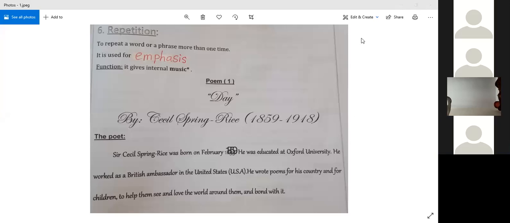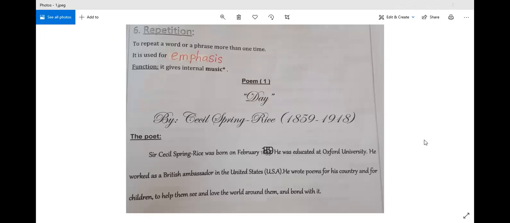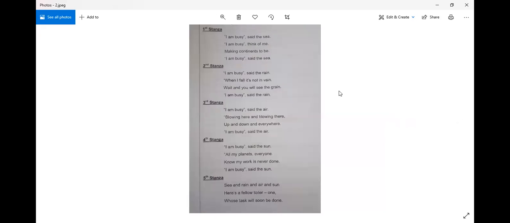Okay, guys. So this is very important, something now about the poet. Let's move to the poem itself. The poem itself is easy. You're not going to find difficult words. Maybe very few words that you need to know the meaning of just to understand and to be able to paraphrase the whole poem.